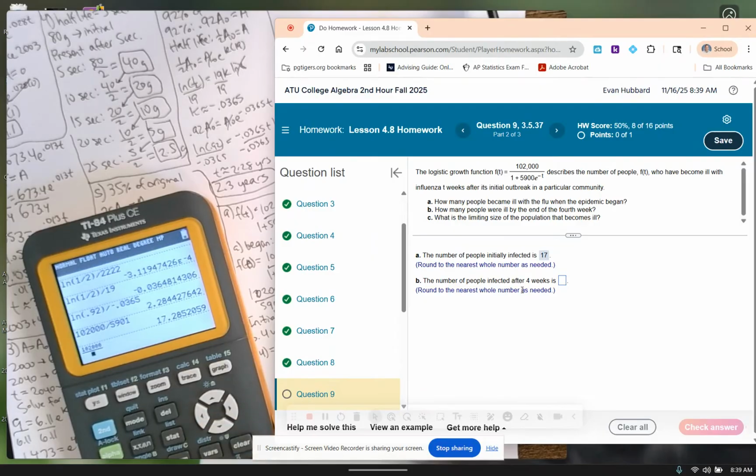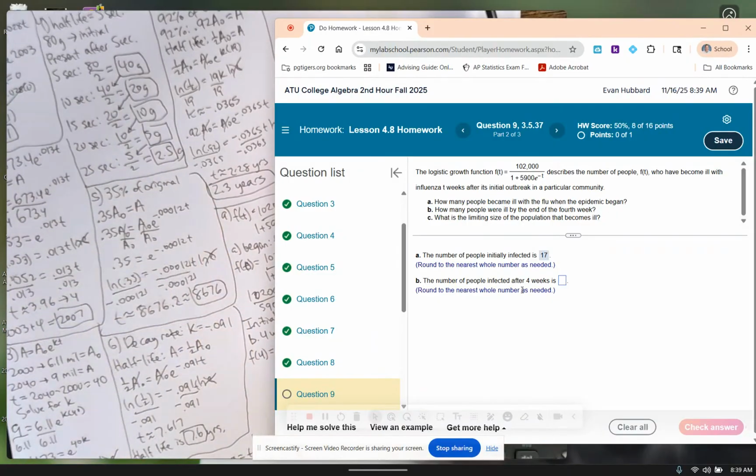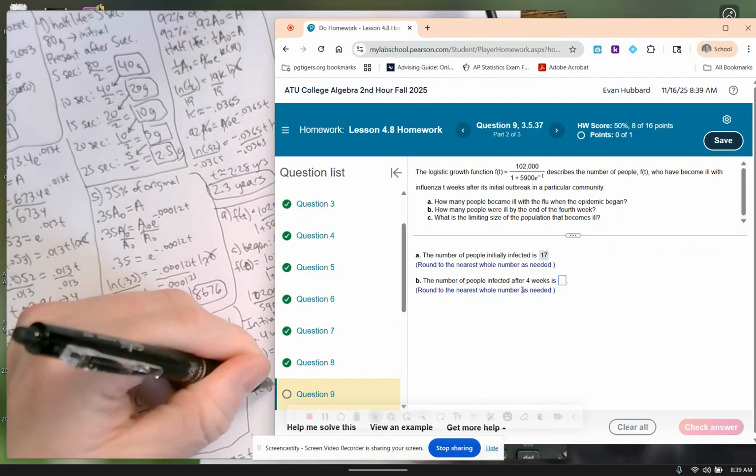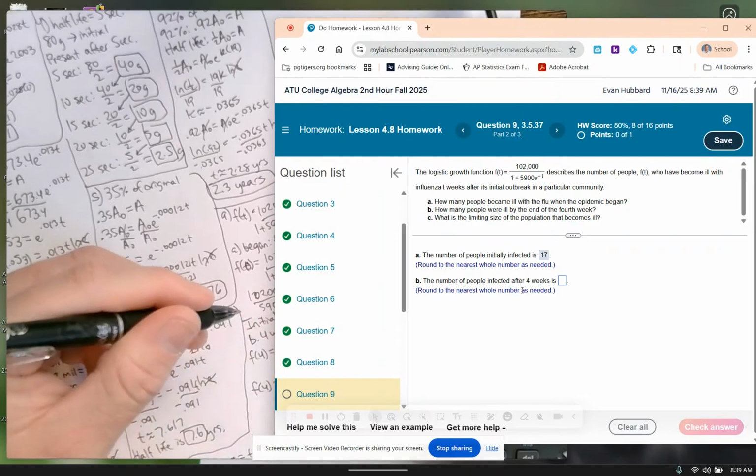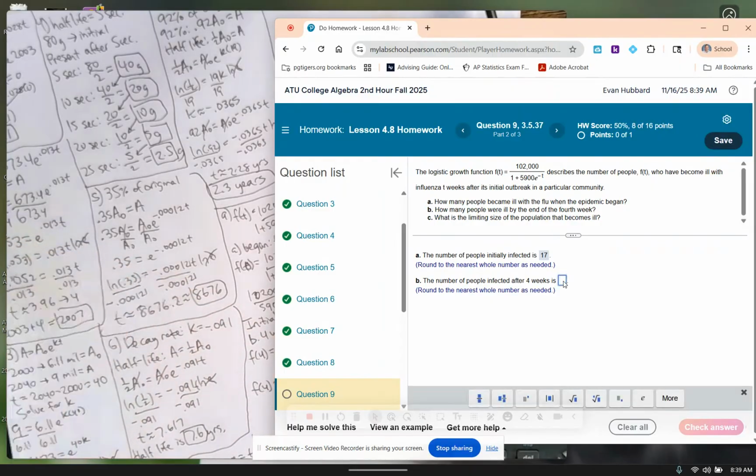You just got to be careful with this one. Make sure you and your calculator are on the same page here, because it's a little bit complicated. And so f of 4 is 935.25. So 935.